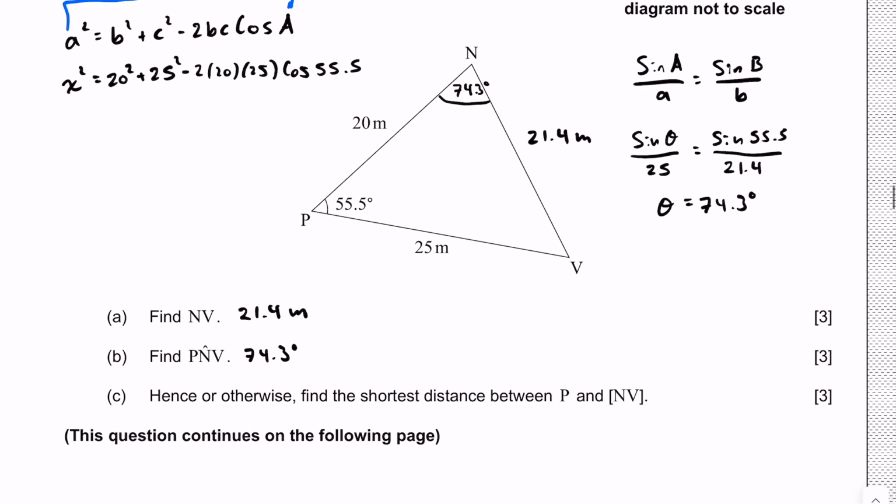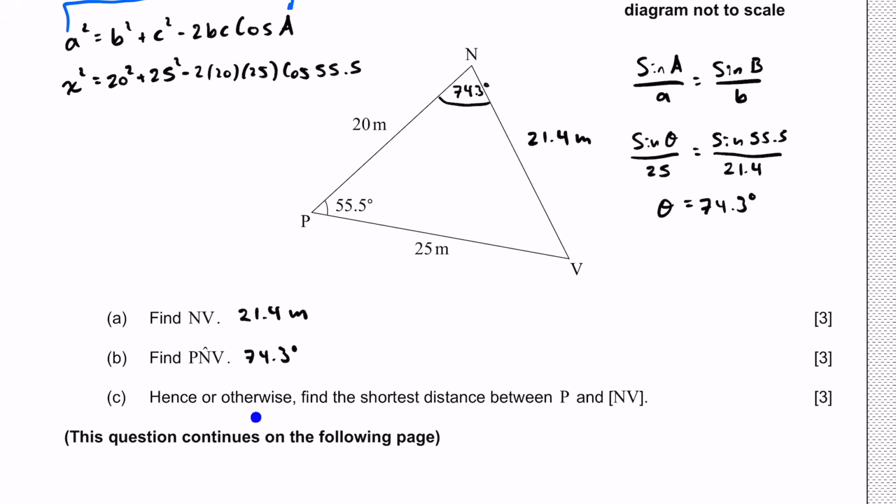Last question, part C. Hence or otherwise, find the shortest distance between P and NV, which is kind of a nice question. So what do they mean, the shortest distance between P and NV? NV is this line segment right here. So this line segment NV, where on this line segment are we closest to point P?